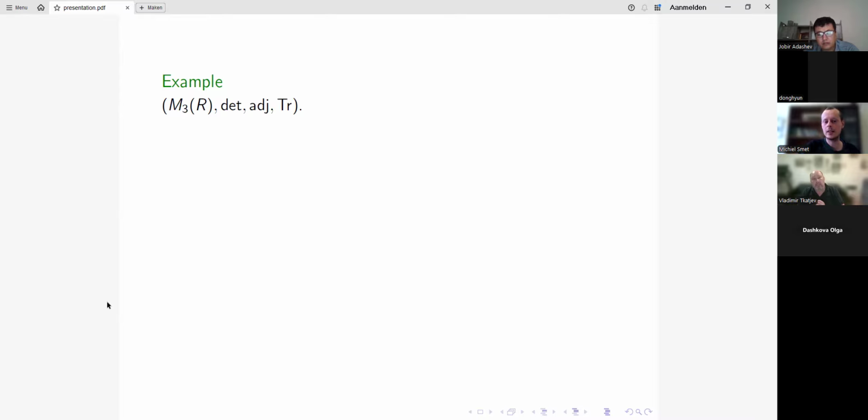And the T map should be the trace form. So T of A comma B should be the trace of A times B. And these same maps, determinant, adjoint, and trace, work for the Hermitian 3 times 3 matrices over composition algebra C. So you should be careful with how you interpret the determinant. You have to define it the right way.